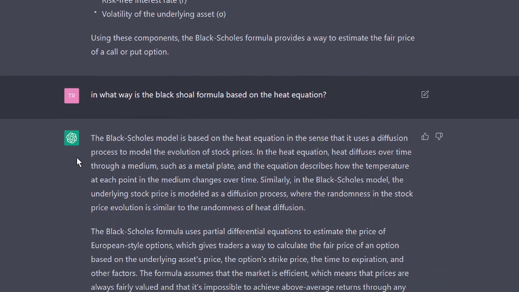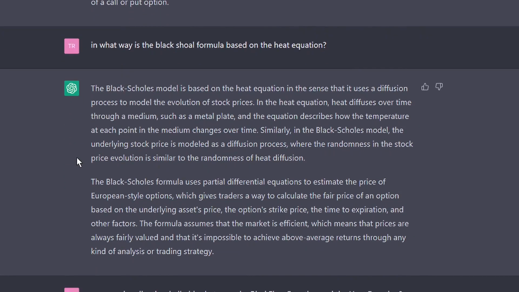In what way is the Black-Scholes formula based on the heat equation? The Black-Scholes model is based on the heat equation in the sense that it uses a diffusion process to model the evolution of stock prices. In the heat equation, heat diffuses over time through a medium such as a metal plate, and the equation describes how the temperature at each point along that medium changes over time. Similarly, in the Black-Scholes model, the underlying stock price is modeled as a diffusion process, where randomness in the stock price evolution is similar to the randomness of heat diffusion.